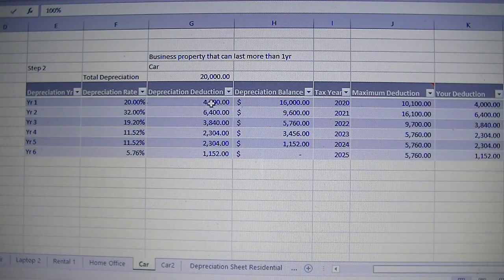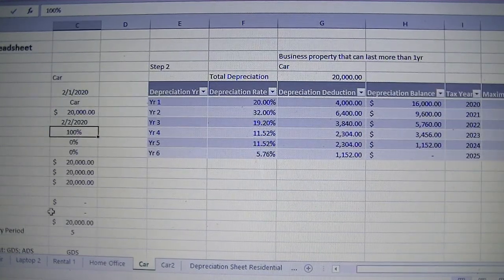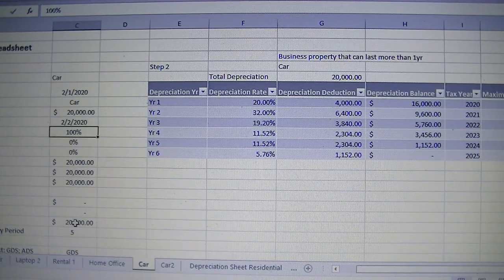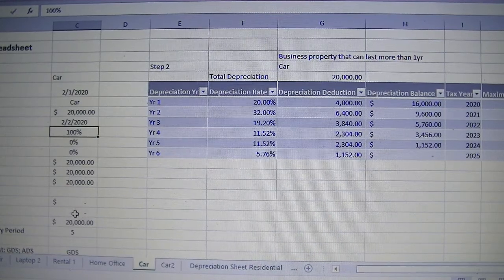So the depreciation deduction will automatically calculate for us. It is going to take the basis for depreciation times the rate for year 1, the basis for depreciation times the rate in year 2, the basis for depreciation 20,000 times the rate in year 3, the basis for depreciation 20,000 times the rate in year 4.